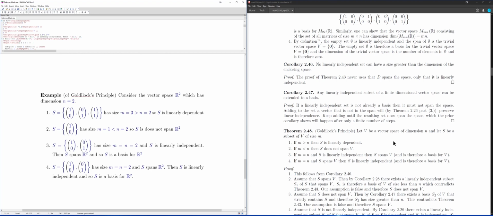I can tell, to some extent, whether it's linearly dependent or whether it spans and so on.